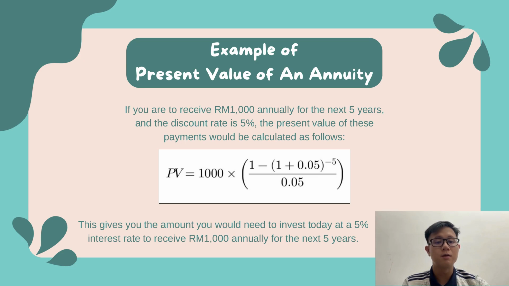Multiply that by 1 minus (1 plus 0.05, the value of R, 5%) to the power of negative 5, the value of periods, or N. Then, divide it again by 0.05, the value of R. This gives you the amount you would need to invest today at a 5% interest rate to receive 1,000 ringgit annually for the next 5 years.